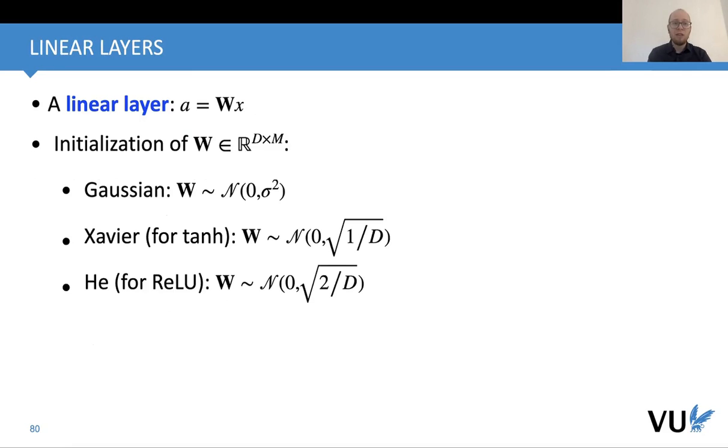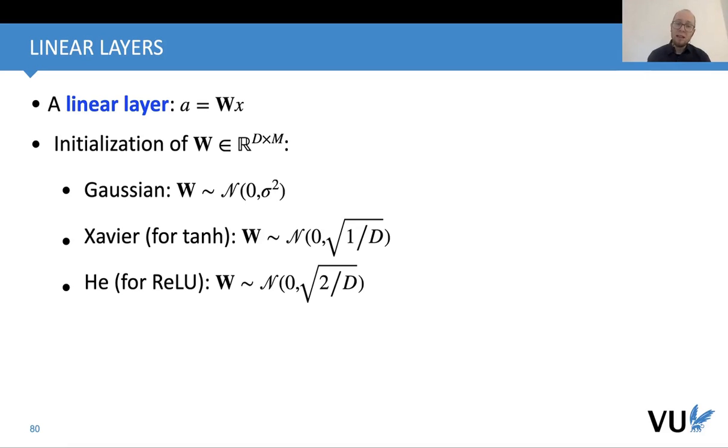When we have a linear layer, it is extremely important to initialize it properly. So in other words, how we initialize it before seeing any data. So how we initialize these feature extractors. We can use simply a Gaussian with some variance. It should be around 0, not to bias it towards something. So we have 0 and some small variance so that these values are around 0, a bit negative, a bit positive.